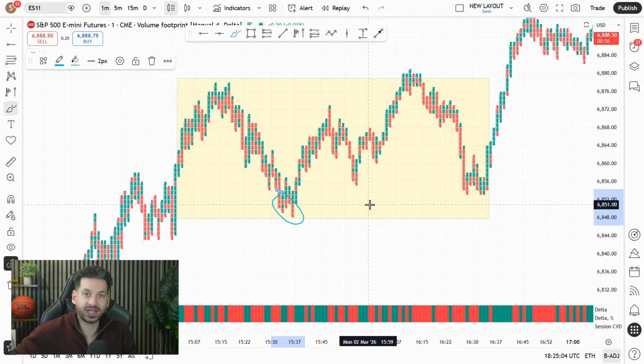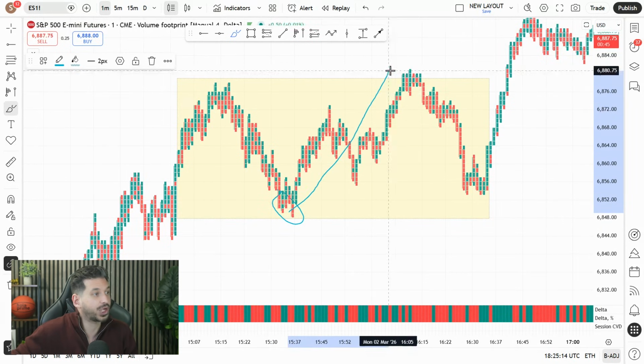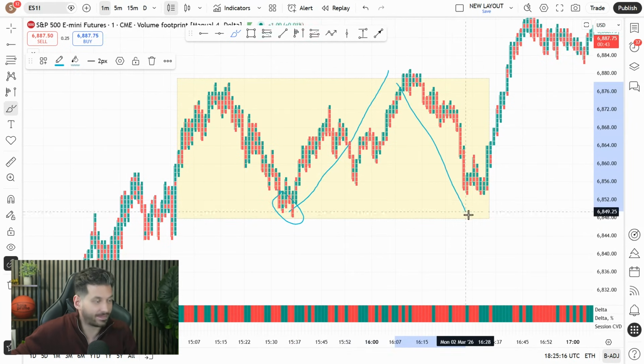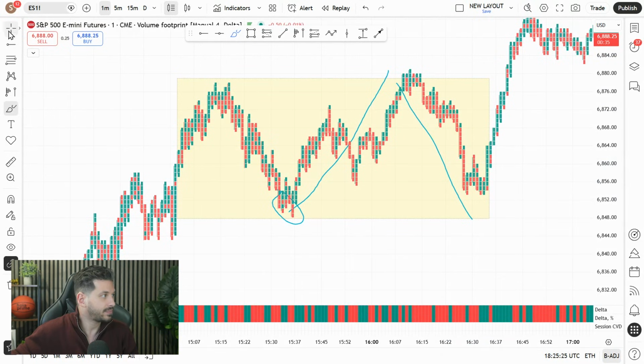Why would you want to align yourself with the losing side of the market, the side that's clearly not as efficient or as effective? The buyers have a much easier time pushing the market up than the sellers have pushing it down. So you really only want to be looking at buying the market in these areas, buying it at the bottom of the range.